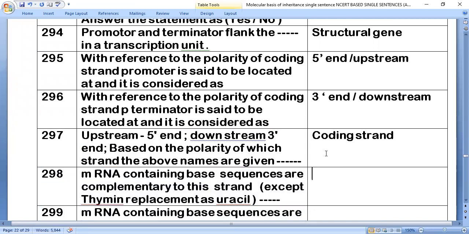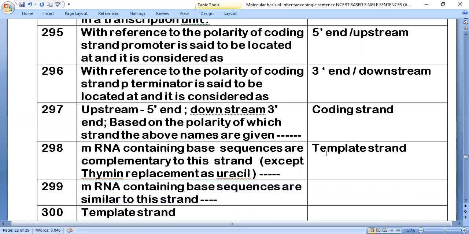The mRNA base sequence is complementary to the template strand, with uracil replacing thymine, and similar to the coding strand.